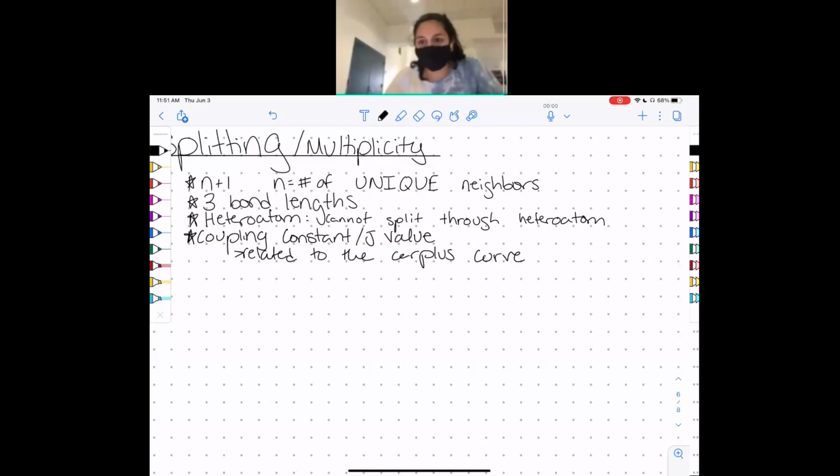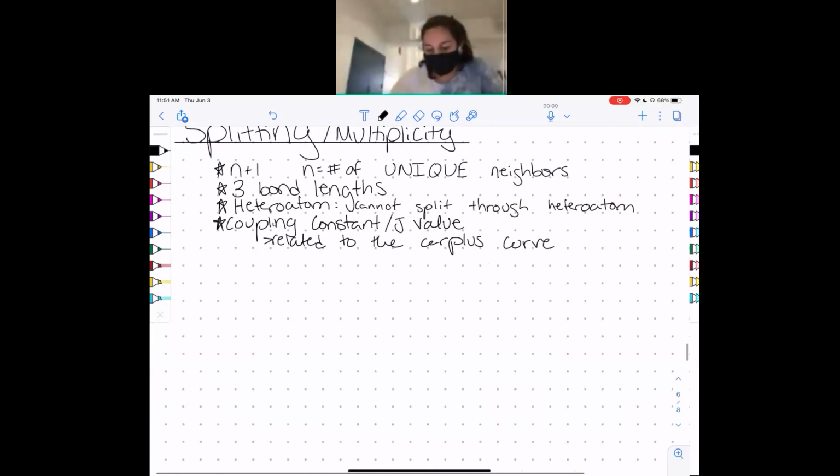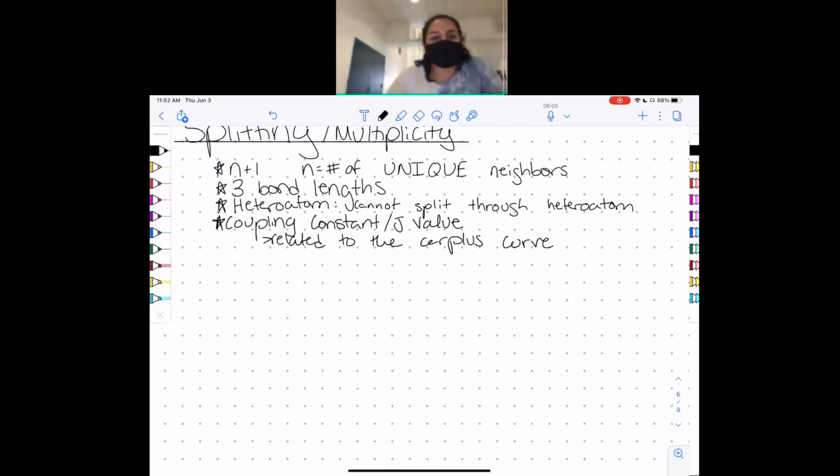Basically, it's related to the Karplus curve. I'm not going to cover the Karplus curve because he's not going to ask you a question about the curve. All you really need to know is that it exists, take a quick look at it on your own, and get an idea of what it looks like. What you also need to know is that the J value is essentially the Hertz value by which one signal splits another.